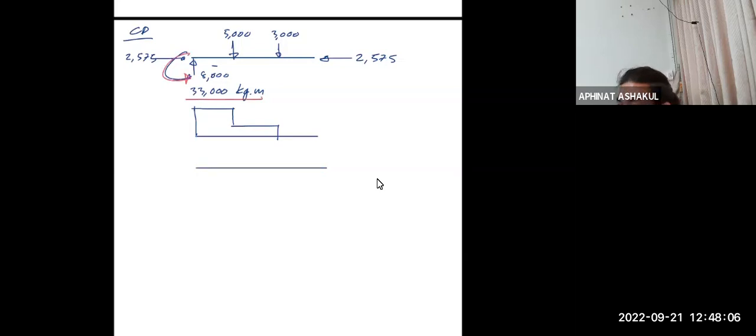According to your sign convention, that's negative, right? Because your negative moment is like this. So we begin from negative 33,000. So that's your shear force diagram in kilogram force.